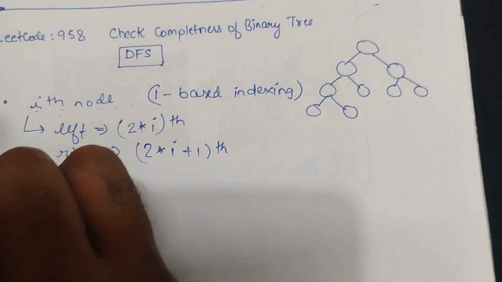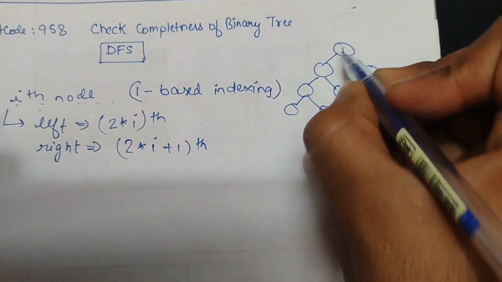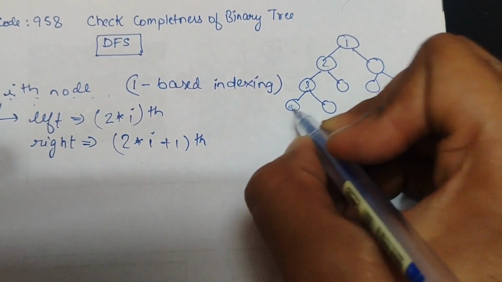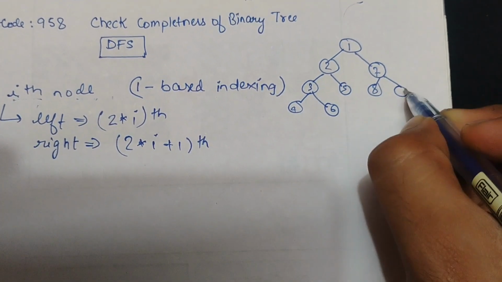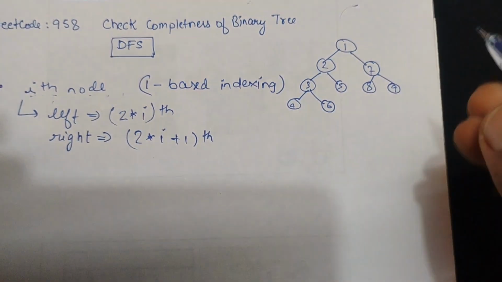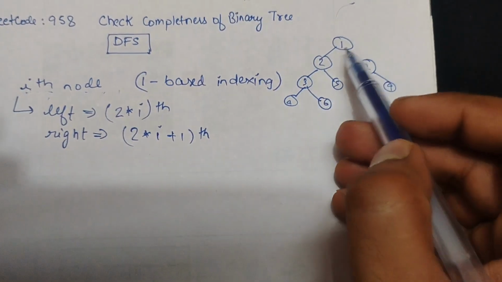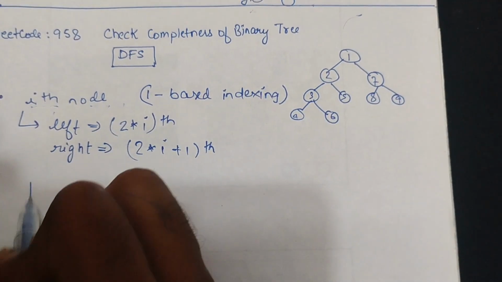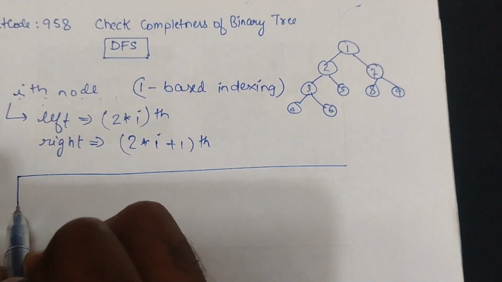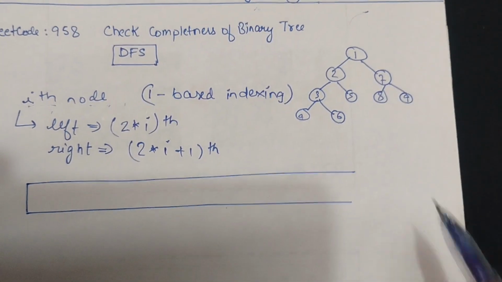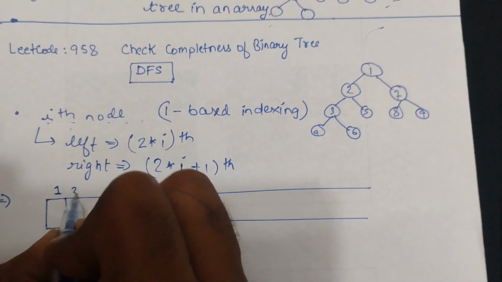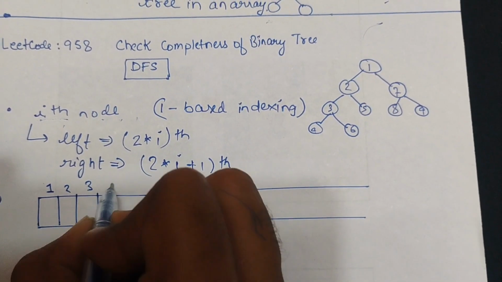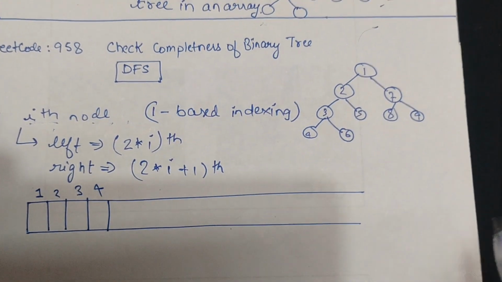For this tree I'll name the nodes 1 2 3 4 5 6 7, this is 8 and 9. Now I'll start storing. I'll make an array and name the indexes 1 2 3 4 and so on.